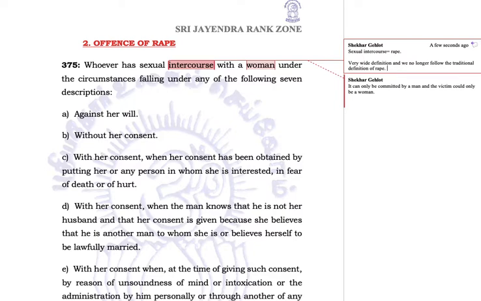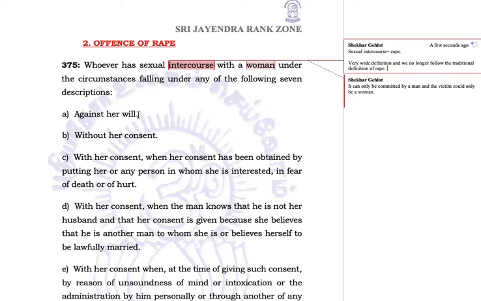So anyhow, whoever has sexual intercourse with a woman under the circumstances falling under any of the following seven descriptions, so any circumstance which falls within these seven categories, even if one of those categories applies, then the man is guilty of committing rape. Now, what are those seven categories?